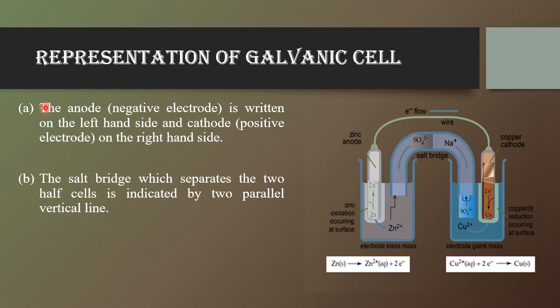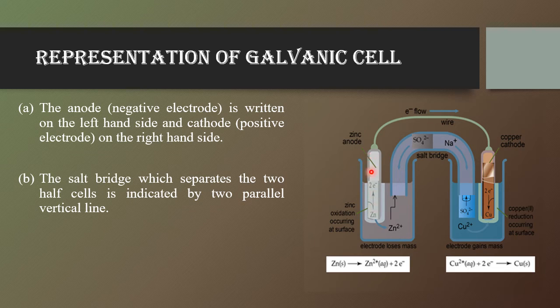The anode is usually considered the negative electrode, and it is the electrode present on the left side of our voltaic or galvanic electrochemical cell device, and the cathode is positive and is mostly present on the right hand side.